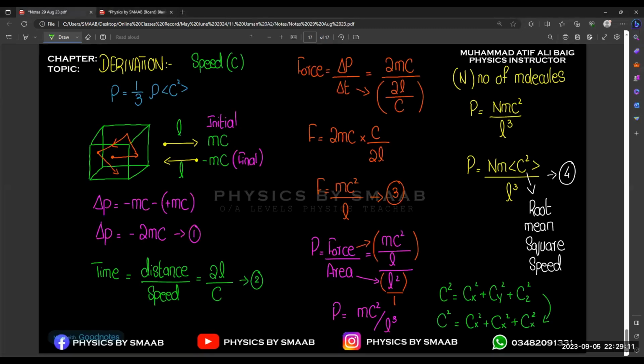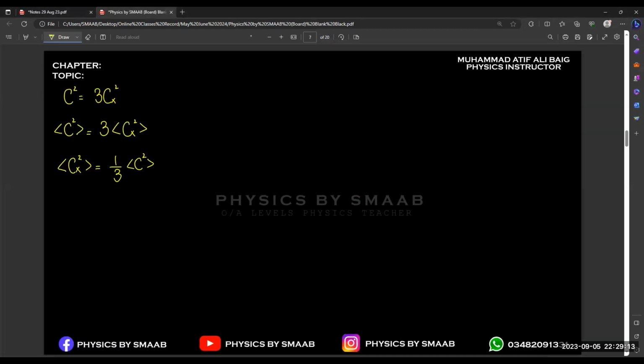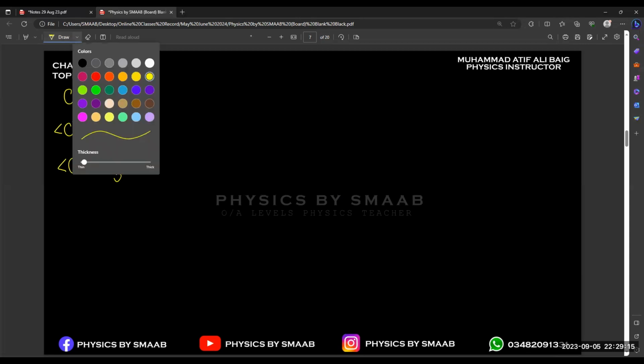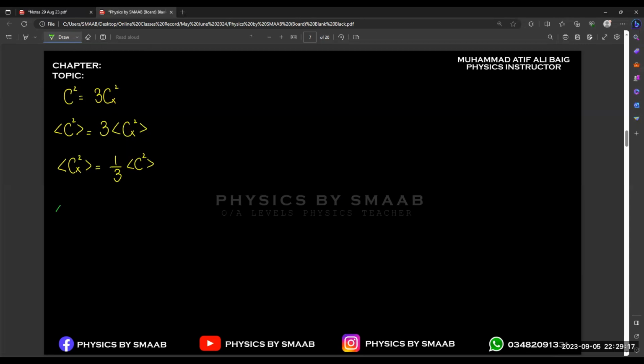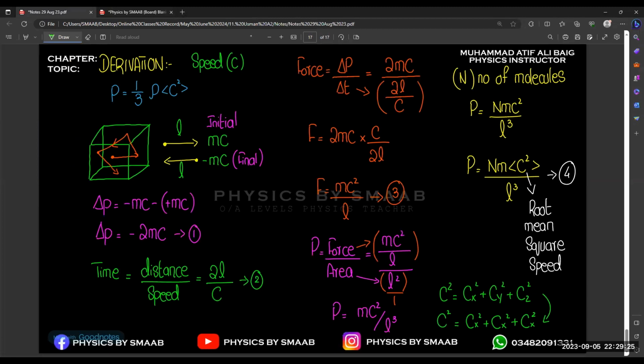On the left-hand side we have p, and this length is now length cubed, and we can replace it with the concept of volume, because 3 lengths means volume, so this will become volume, right?